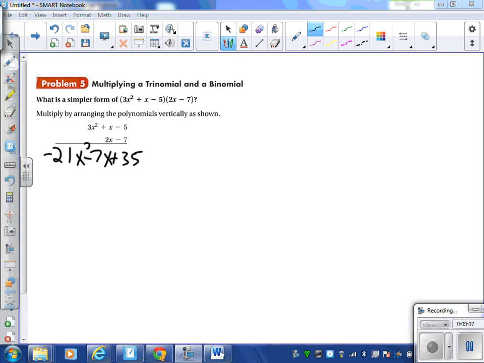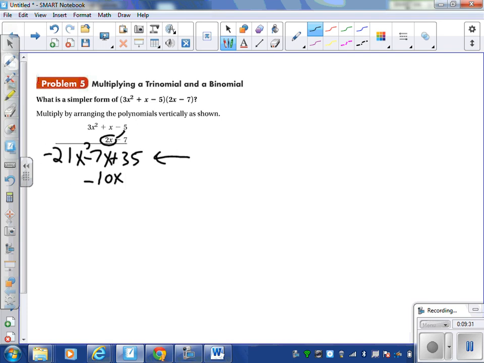Now we want to take the other number, 2, and when we multiply it, we want to line up with the numbers that we already did before in that step. So we're going to take 2x times negative 5, which is negative 10x, and let's line that up underneath the other x.